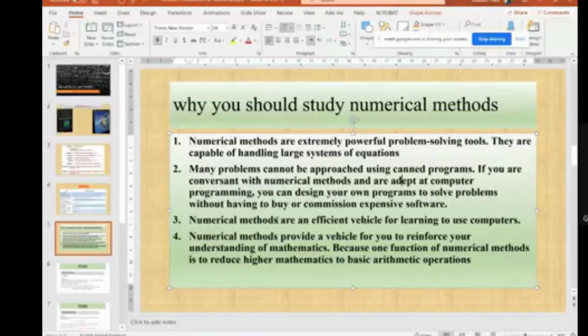Third, numerical methods are an efficient vehicle for learning to use computers. Yes, it's true. To start learning to use computers, you need to learn the numerical methods. Fourth, numerical methods provide a vehicle for you to reinforce your understanding of mathematics.